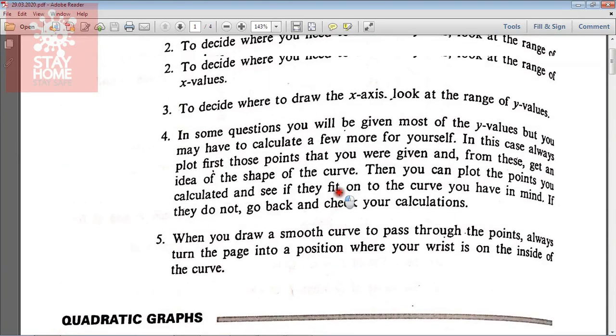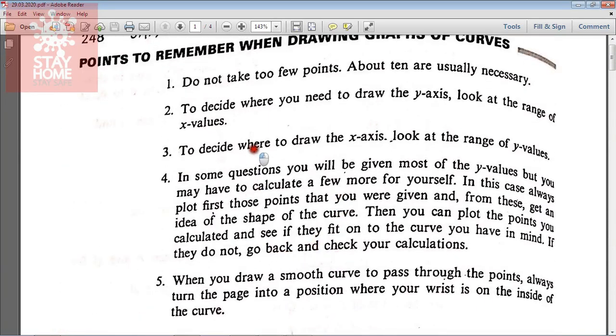Okay, point number 3, to decide where to draw the x-axis, look at the range of y values. Similarly, if the values are negative and positive, you will draw the x-axis in the center of the y-axis.